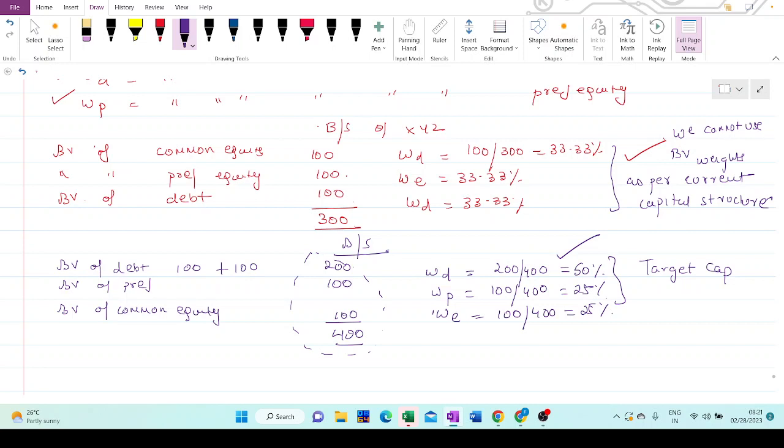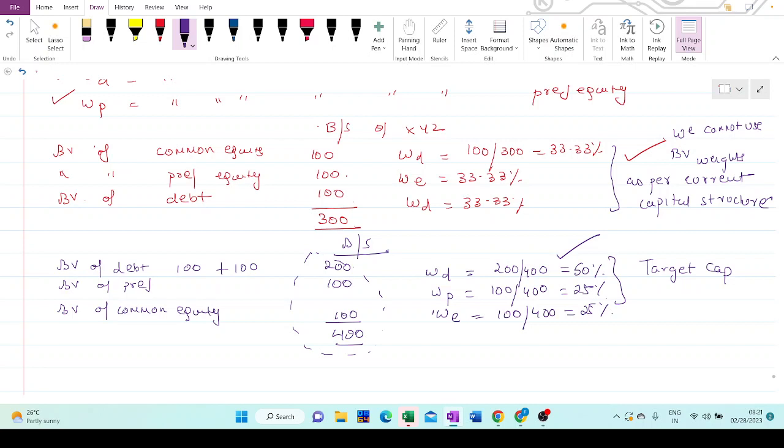Now, guys, as analysts, as company outsiders, one may not know how the company is going to raise capital for funding a new project, whether it will raise debt, common equity, or preferred equity. So, as analysts, we may not know the target capital structure of the company.